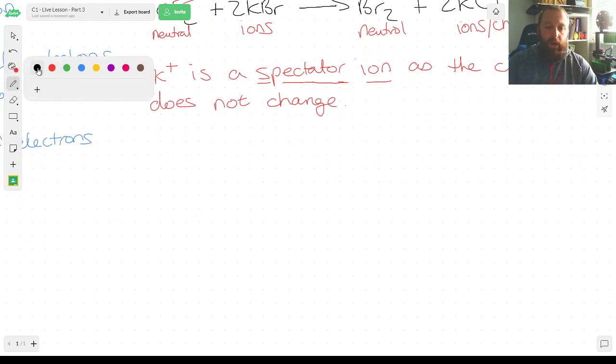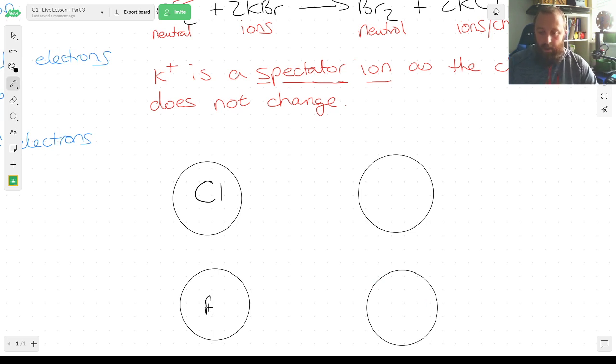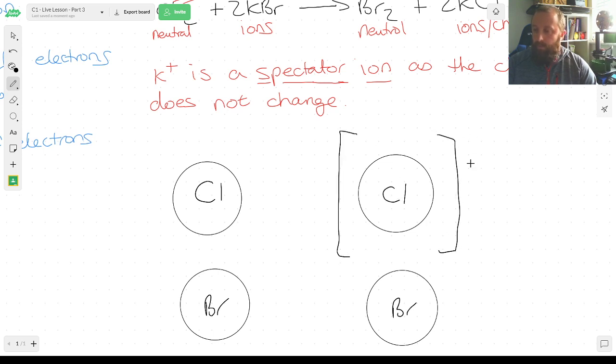Now, let's have a look at what's actually happening. So chlorine, and I'm only going to draw the outer shell here because it's much less confusing for you. So I've got chlorine here. I'm going to put bromine here. Chlorine has 7 electrons in the outer shell.